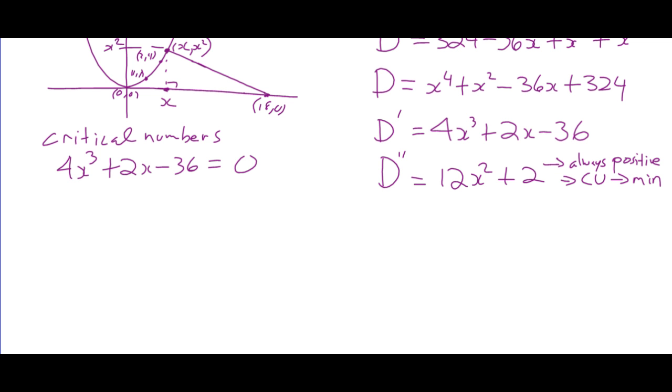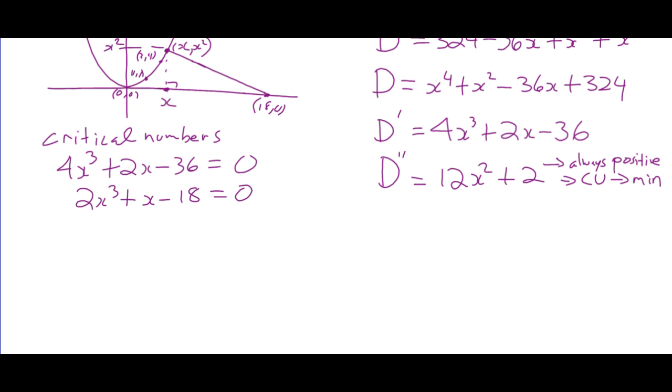Divide out a 2. Sure, let's do that. 2x cubed plus x minus 18. Okay, so if x were 2, it gives us 18. 2 cubed is 8, 16, 18. So when x is 2, and here's the thing, we'll always make sure we give you an integral 0.